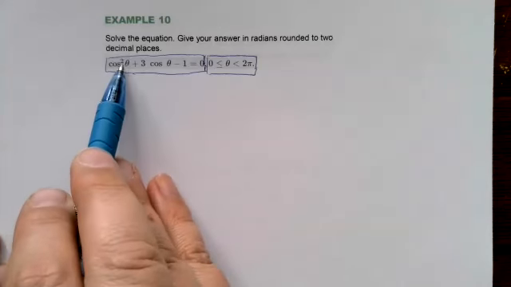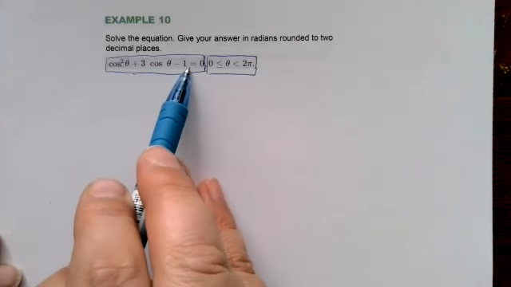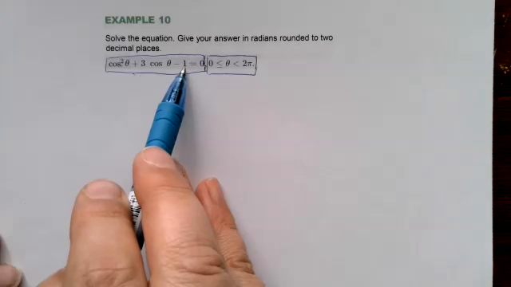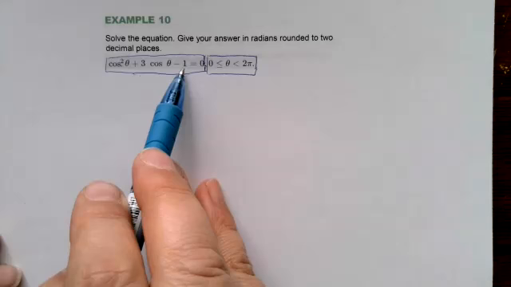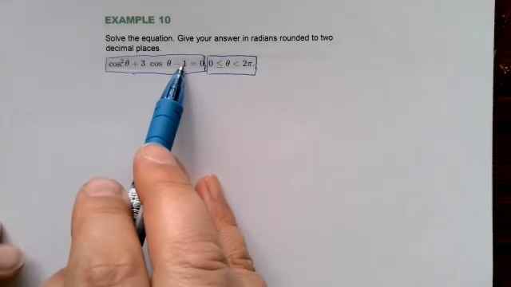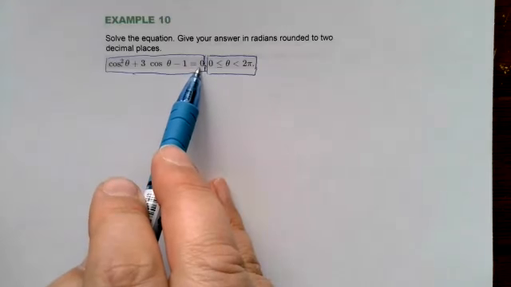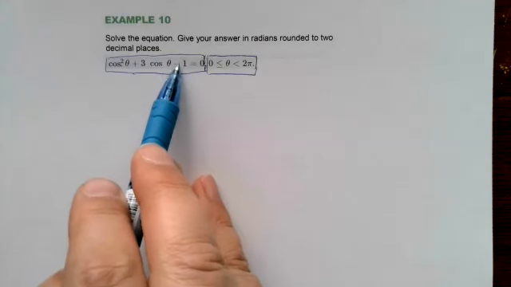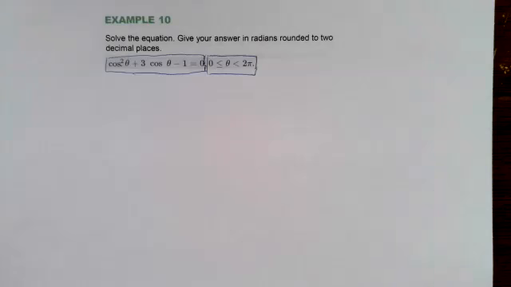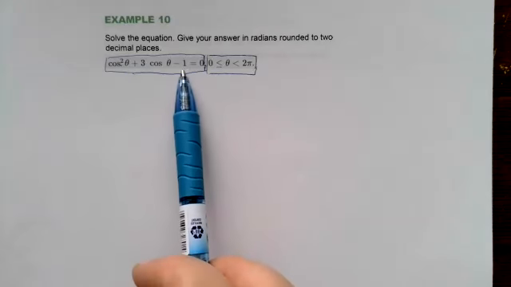So it has a power of 2, power of 1, and then a free term. That's a quadratic equation. It could have more than one free term. It could have another number on this side, like it could equal 5, for example, but you could always combine those terms to make it a single term.